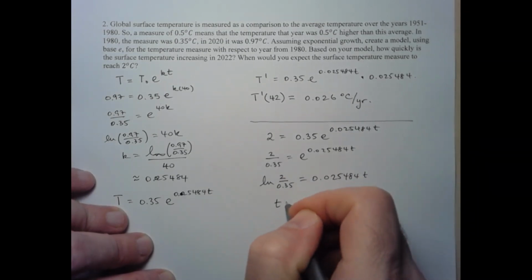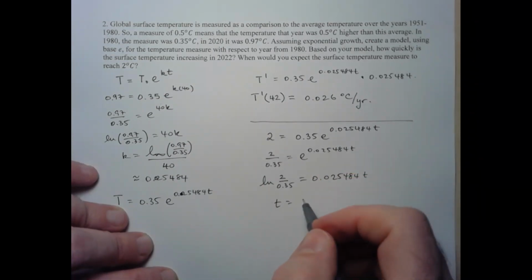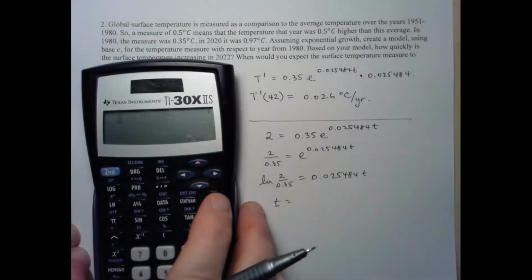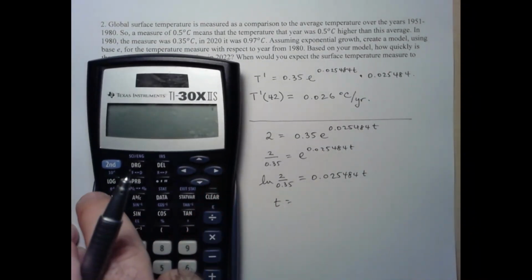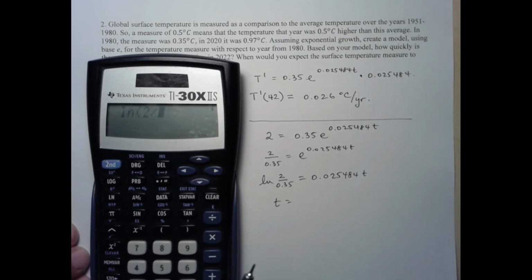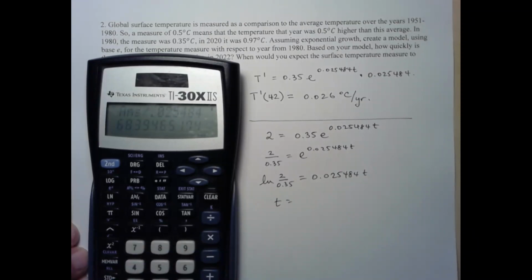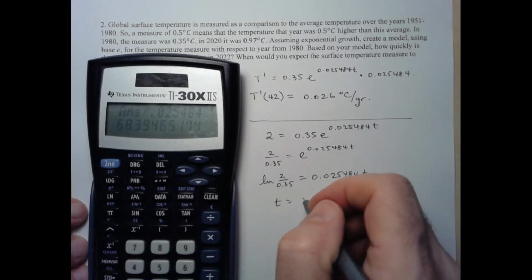And now we're going to solve for t by just dividing. I won't write it out, but we'll do it on the calculator. So here we've got the natural log of 2 divided by 0.35. And now we're going to be dividing that by 0.025484.